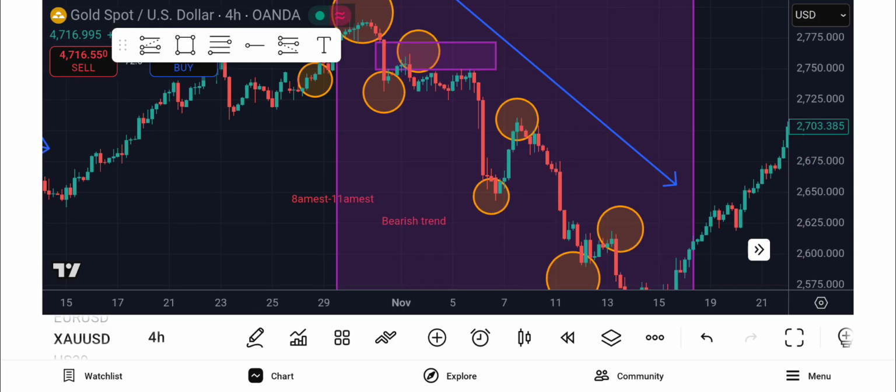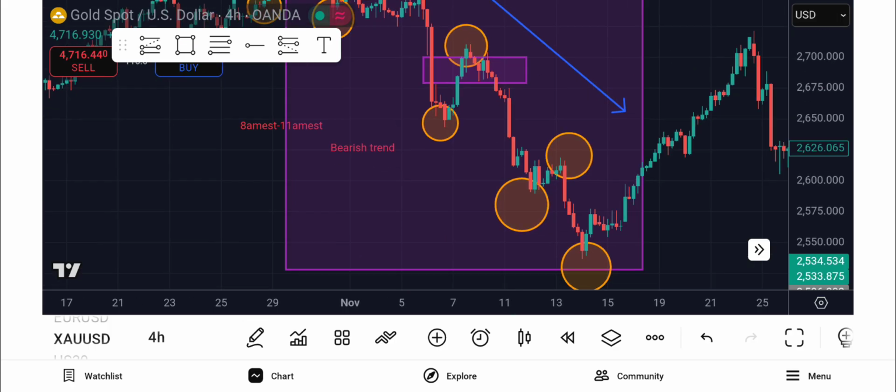1, 2, 3. That's another fair value gap right there. 1, 2, 3. That's a fair value gap right there. 1, 2, 3.